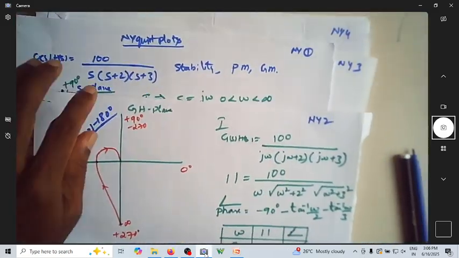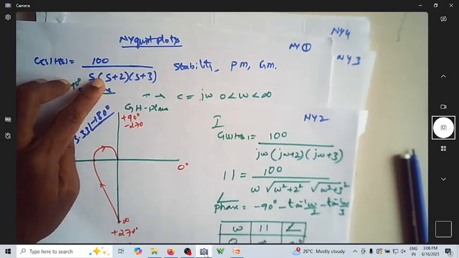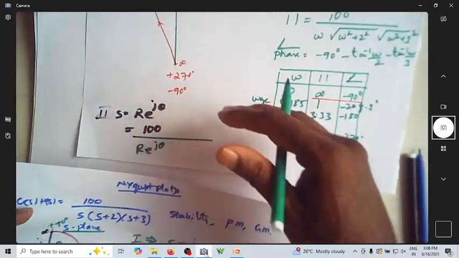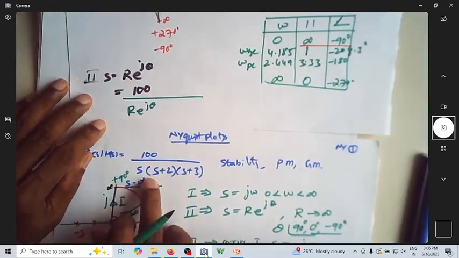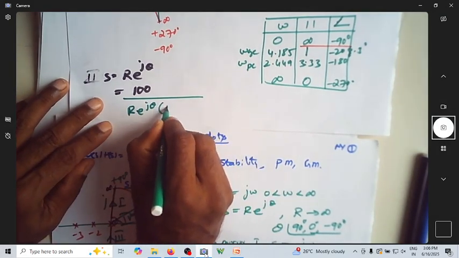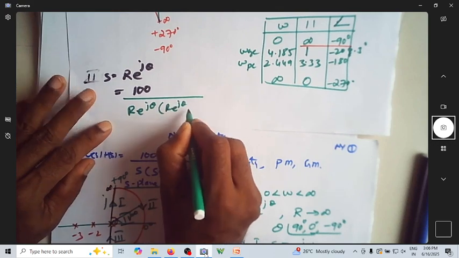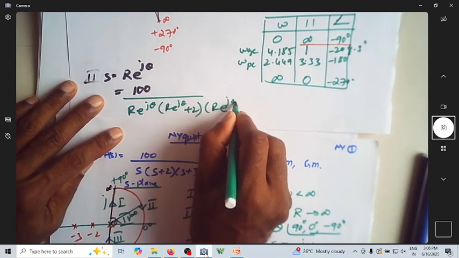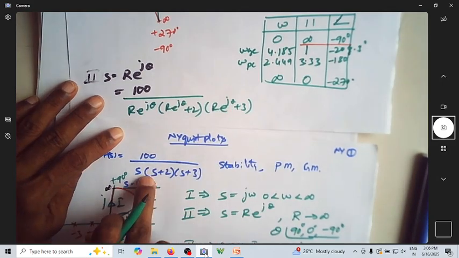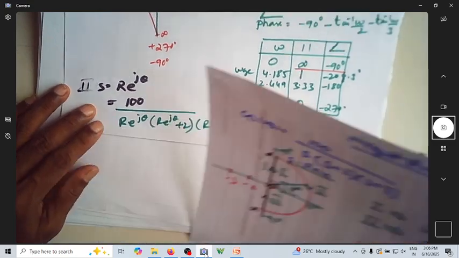So this is my transfer function: R e power j theta, then R e power j theta plus 2, then R e power j theta plus 3. Wherever s is there, I'm replacing it.